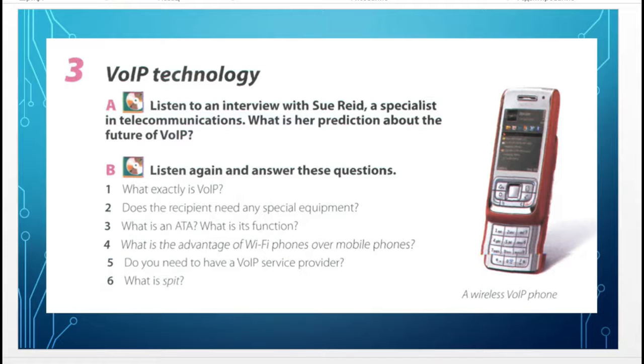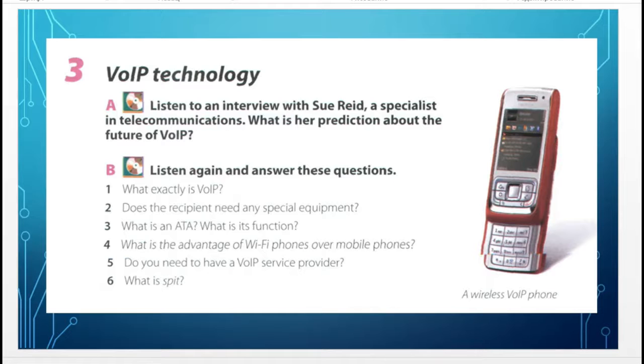Unit 27, Task 3. Everybody says that VoIP will revolutionize the way we communicate today. But what exactly is VoIP? To help me answer that question, I'm joined by Sue Reid, a specialist in telecommunications. Sue. VoIP stands for Voice over Internet Protocol, a technology that lets you make phone calls using the Internet instead of the regular phone line.